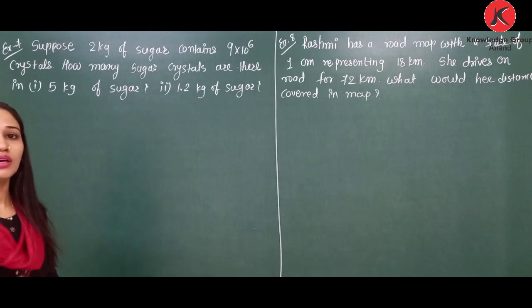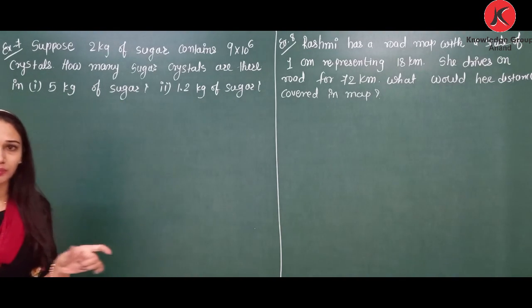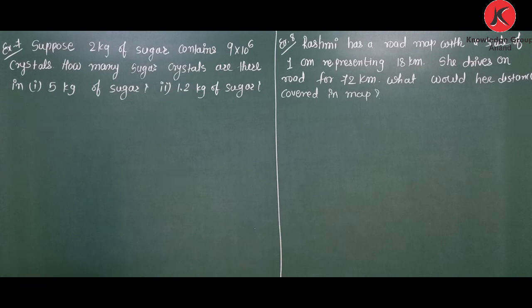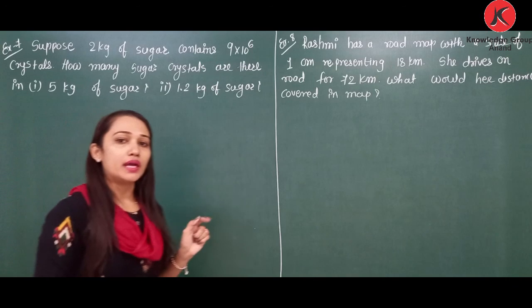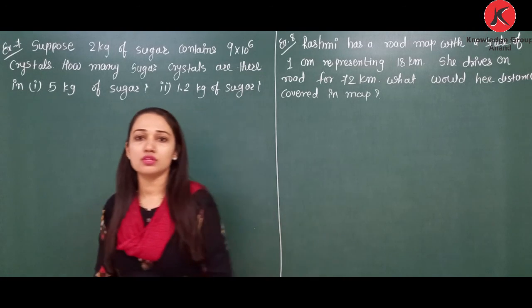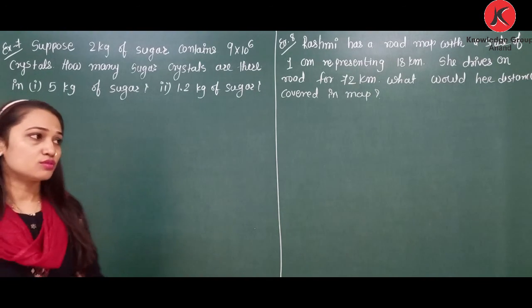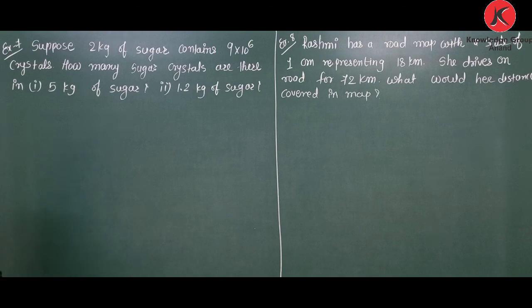So that will be in direct proportion. Weight and number of crystals are in direct proportion. If we increase the weight, the number of crystals increases, and if we decrease the weight, then the number of crystals will also decrease. So here we need to apply the concept of direct proportion.